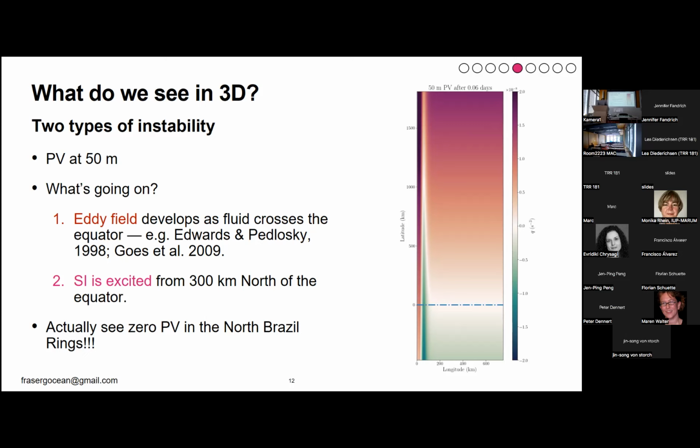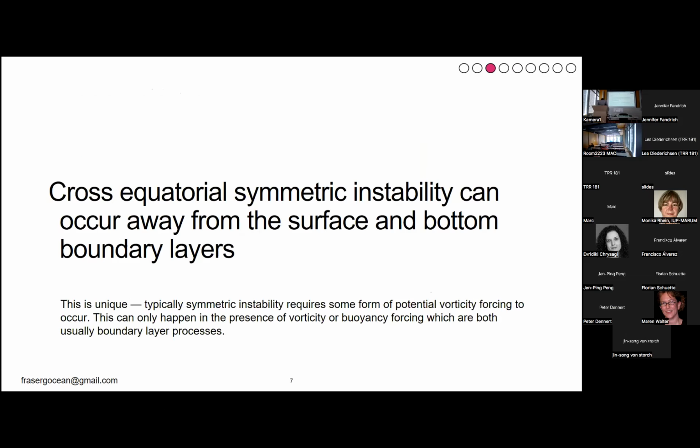About the homogenization, it's done by the symmetric instability. Yes, differently resolved in different models. So I guess, go back a few slides.